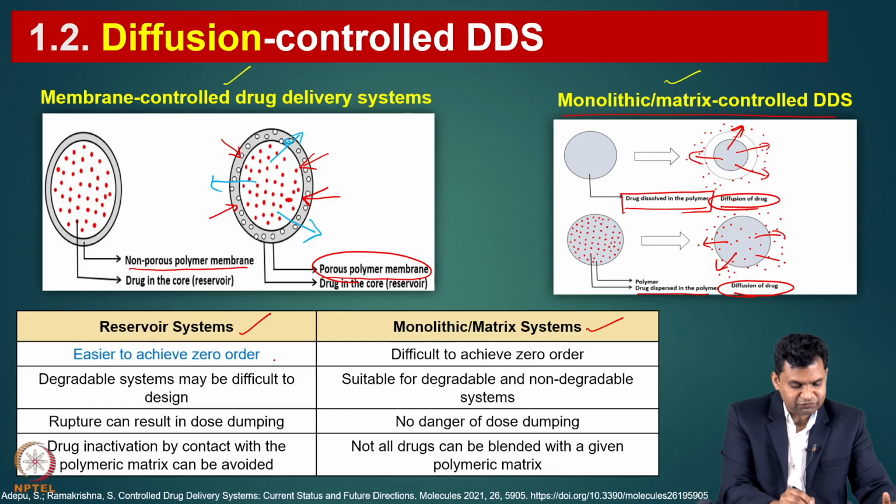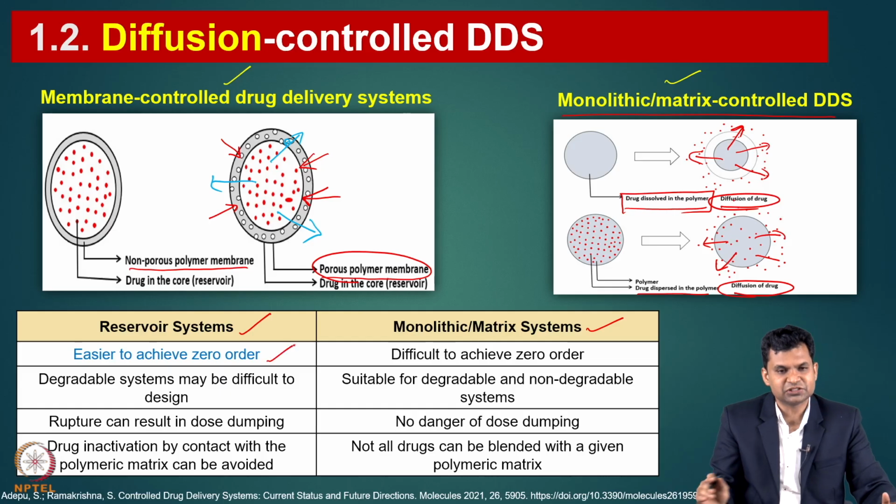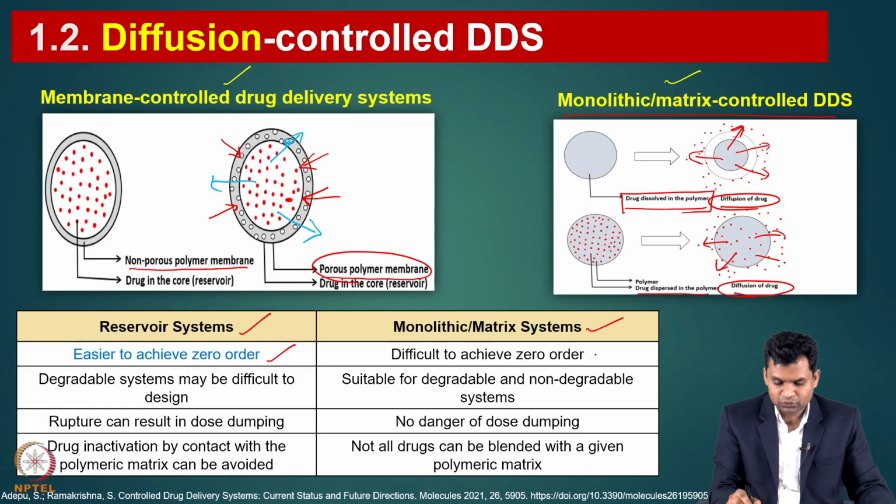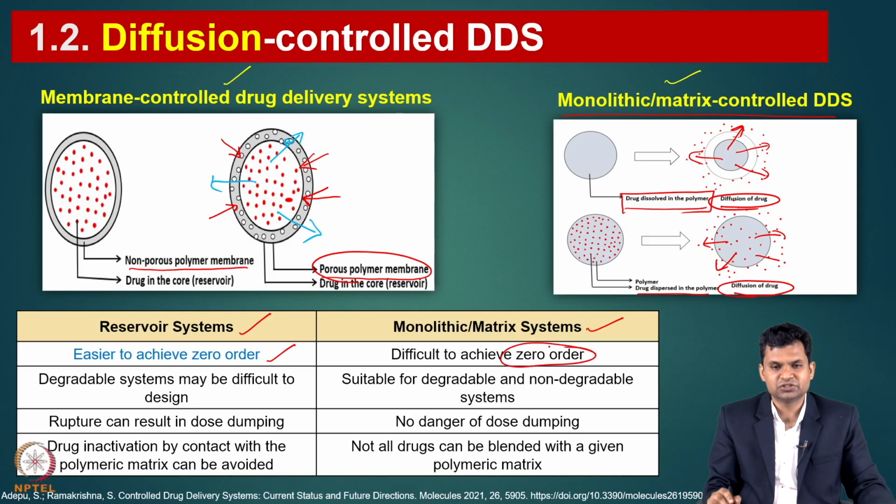Here in reservoir systems we can easily achieve zero order release by using various types of polymers, whereas in monolithic systems it is very difficult to achieve zero order release.